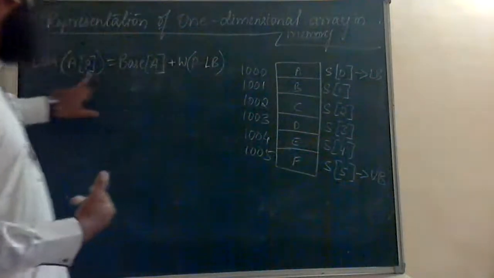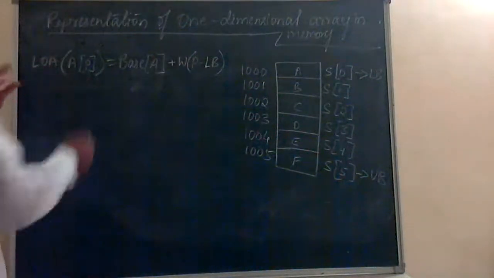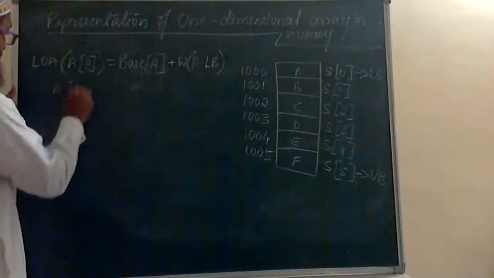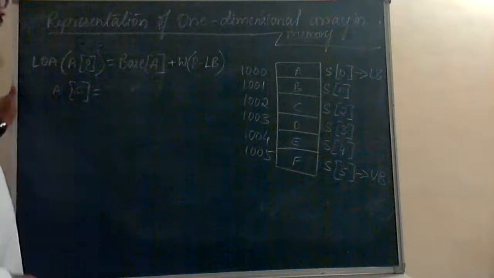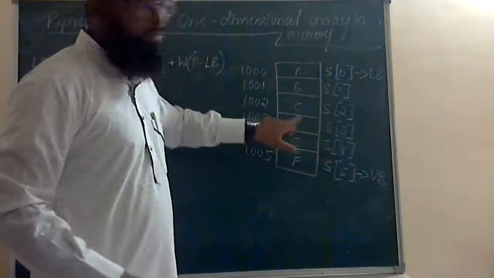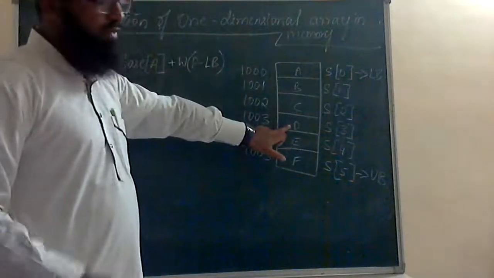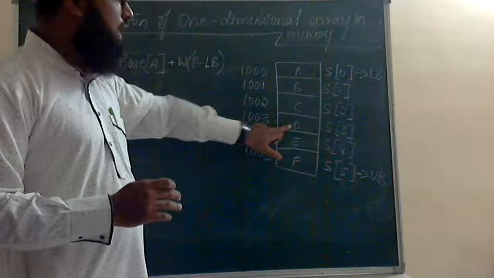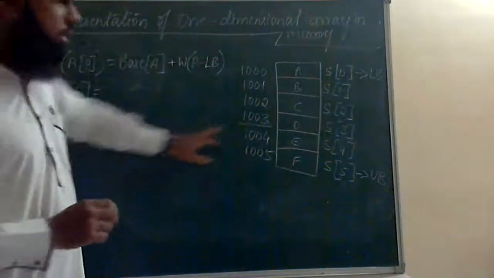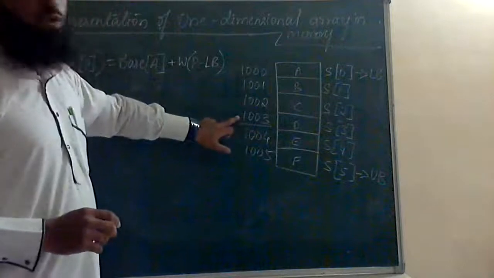Then P, here A of P means, I will show you. We want to find the location of D. If you try to find the location of D, then we have to get the answer location as 1003, because D is present in the 1003 location.